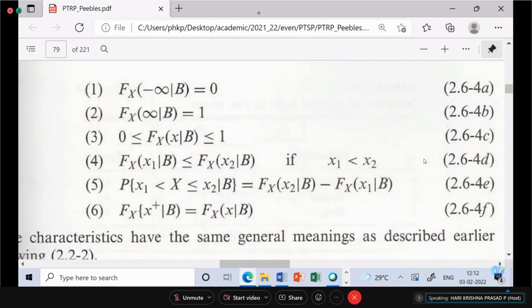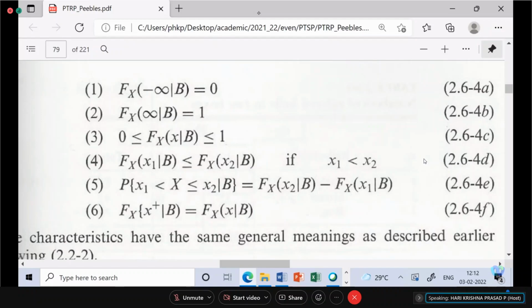Okay. When it comes to the third property, how is the third property different from 1 and 2? Let us see the third property. What does it say? The conditional distribution function of x is bounded by 0 and 1. You take any value of the random variable, it is always between 0 and 1. How is the third property different from the first two properties?